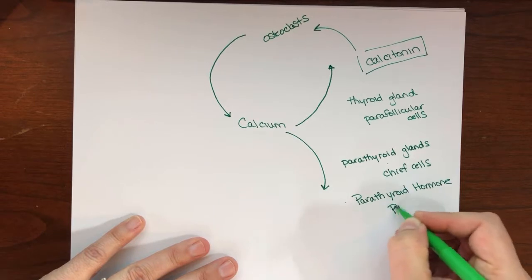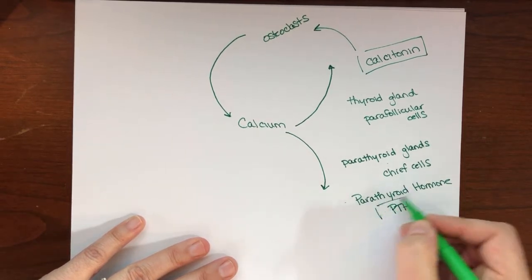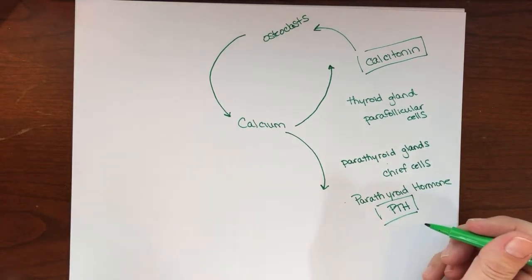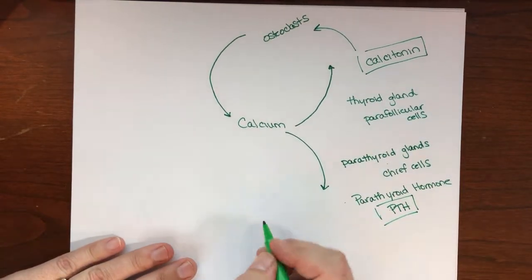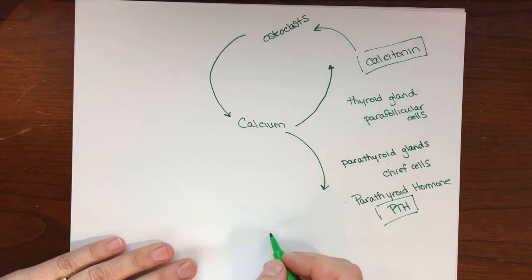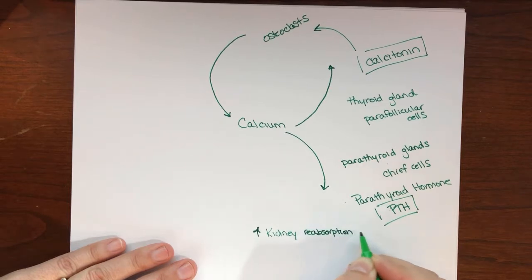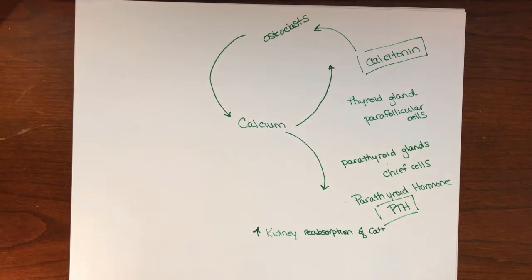This is often written as PTH because parathyroid hormone is long. So parathyroid hormone has a lot of different activities. The first thing that it does is it's going to cause the kidney to shut down excretion of calcium. So it's going to increase kidney reabsorption of calcium. So we're going to make sure that any calcium that might have been excreted in the urine is not going to be excreted.